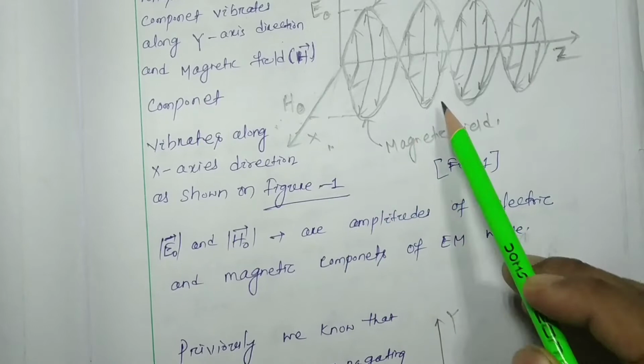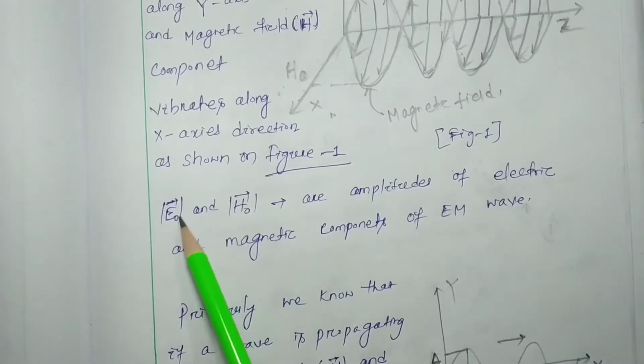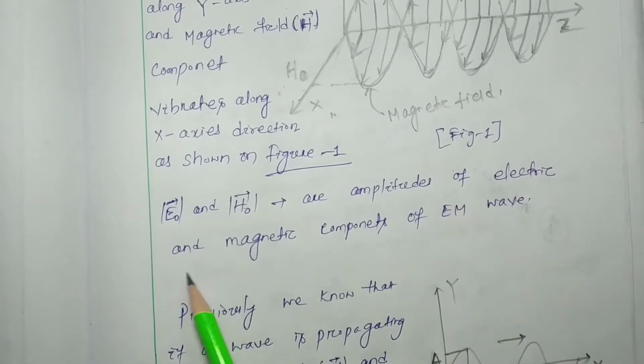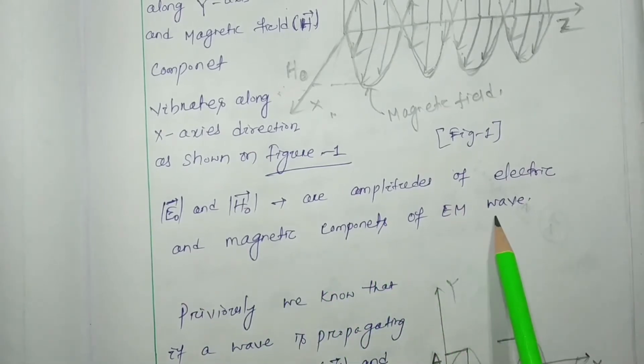So E0 mod and H0 mod are the amplitudes of the electric and magnetic components of the EM wave.